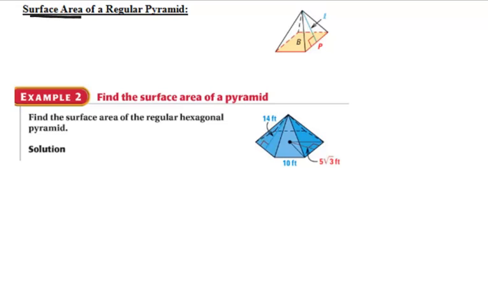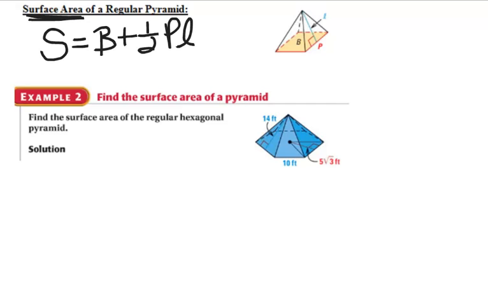The surface area, so the whole surface area of a regular pyramid, here's the formula for it. Make sure you write it down. The surface area of a regular pyramid equals capital B plus 1/2 perimeter times slant height. I only have one base in a pyramid, right?